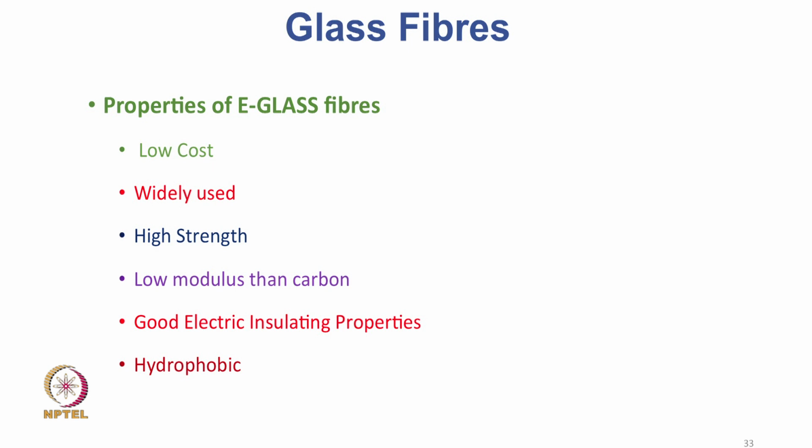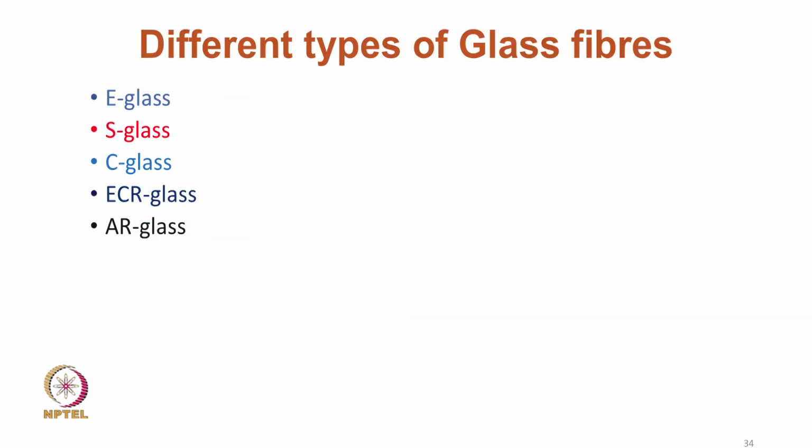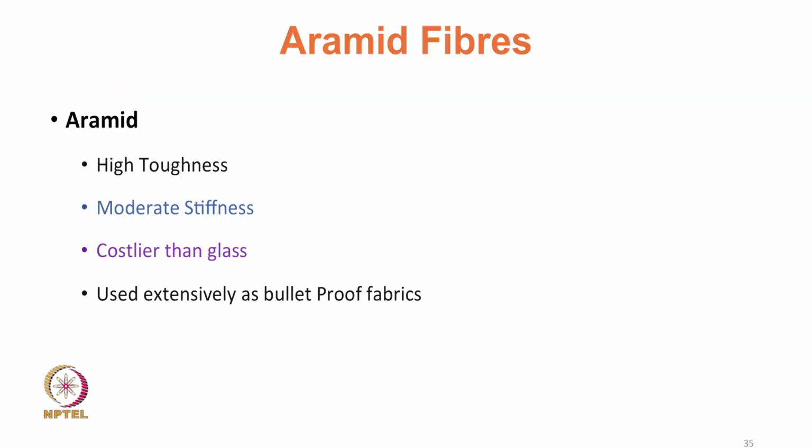So, these characteristics make the E-glass suitable for reinforcement in composite. Apart from E-glass, there are other types of glass fibers available: S glass, C glass, ECR glass, AR glass. So, these are the fibers we can use for composite application.